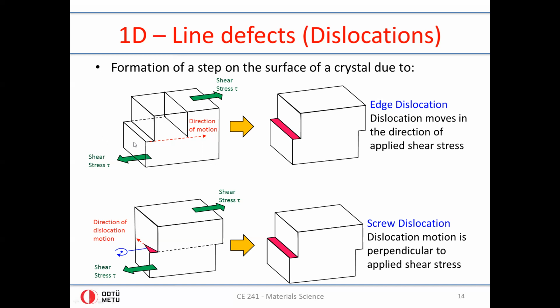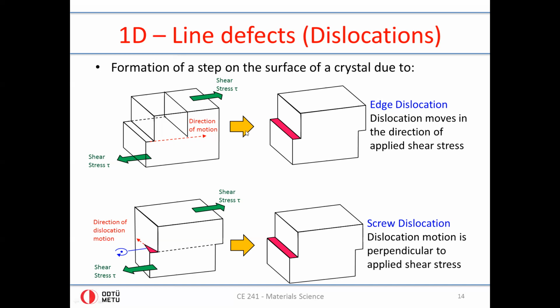So the original bonds between the atoms here and the atoms right above them are broken, and this happens along this whole line, and new bonds are formed here. So if we kept pushing the top portion to the right and the bottom portion to the left, we would then get one more step, or the step here would get wider, and the Burgers vector would indicate not one atom length, but 2 atom lengths of a distortion or movement.